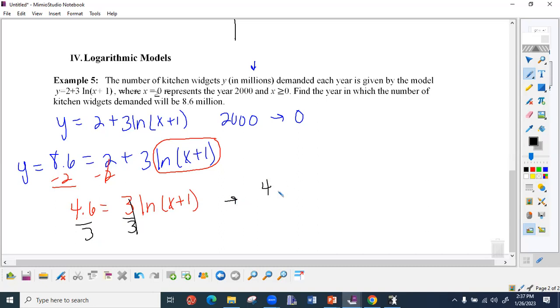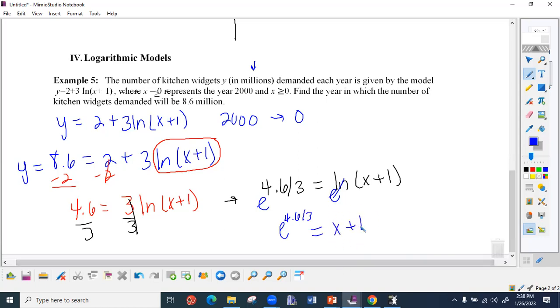So we're left with 4.6 divided by 3 equals the natural log of x plus 1. The only way to get rid of the natural log is its inverse operation, exponential. So we're going to raise both sides to the e. By doing this, it cancels out e to the natural log. So we're left with e to the 4.6 divided by 3 equals x plus 1.